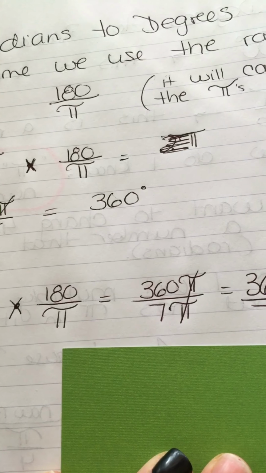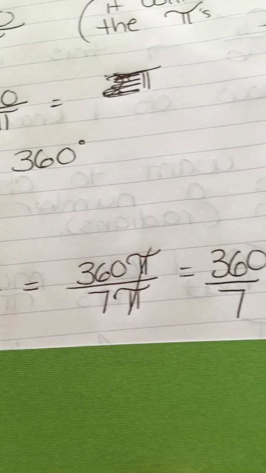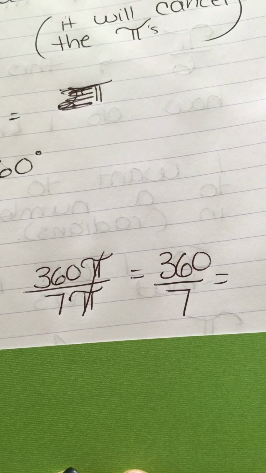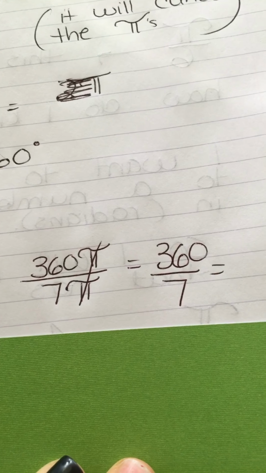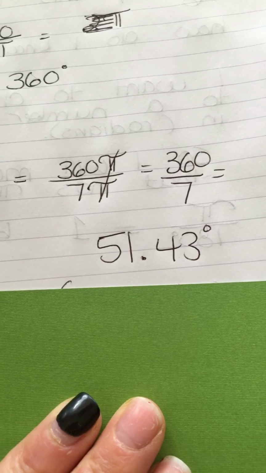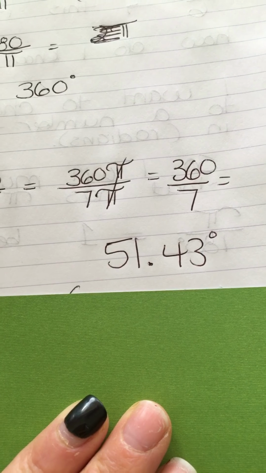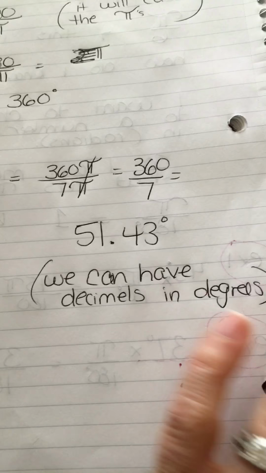So now I have 360 pi over 7. The pi's cancel out, and I get 360 over 7. But I'm not done, because I don't want my degrees as a fraction. I want it as a decimal. So I divide 7 into 360, and I get 51.43. And remember, we're allowed to have decimals in degrees.